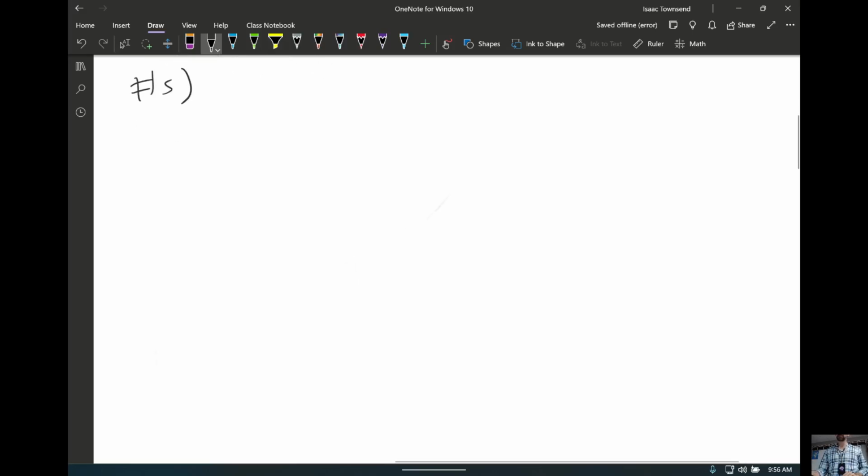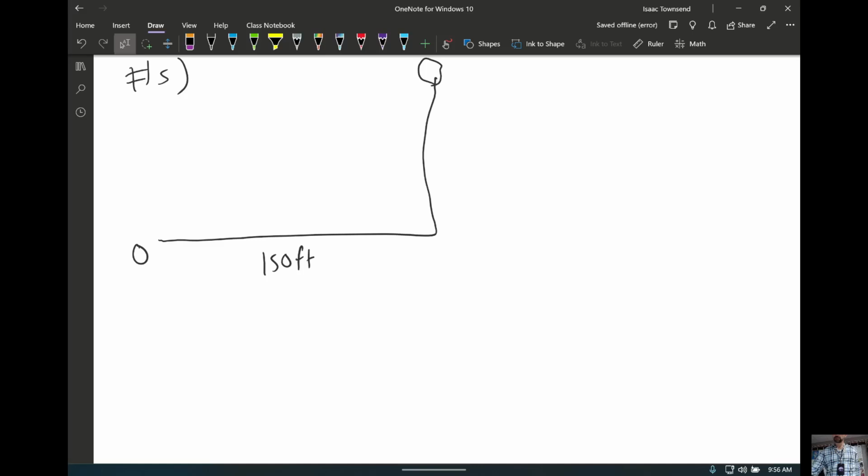You guys have the question in front of you. You don't need to see it. A small balloon is released at a point 150 feet away from an observer on ground level. So observer, 150 feet. A balloon is let up in the air.